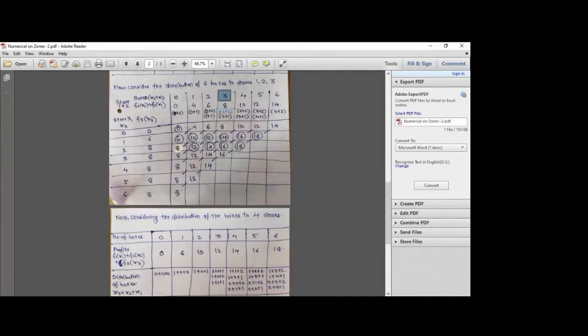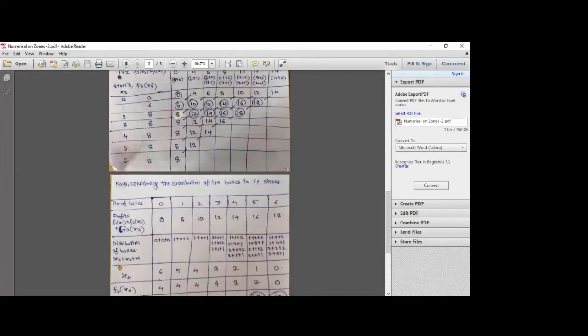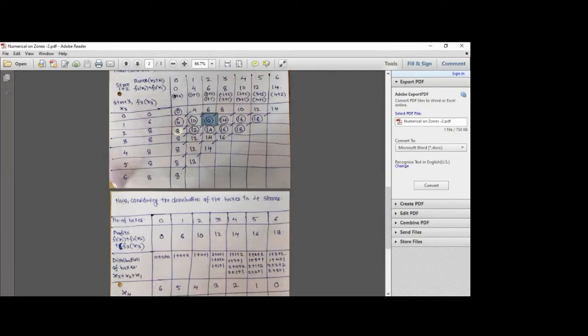You have to remember this particular combination as well. Did I make any mistake here? 12 plus 1 plus 1 plus 2. Just a second, give me some time, I'm just checking if I've made some mistake.